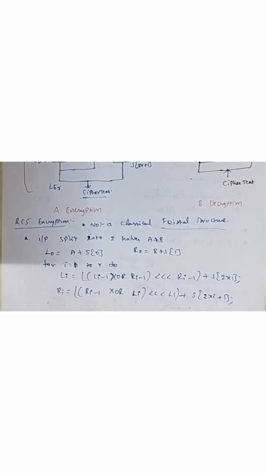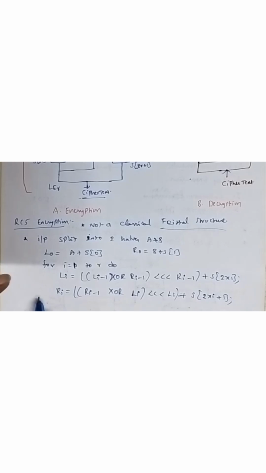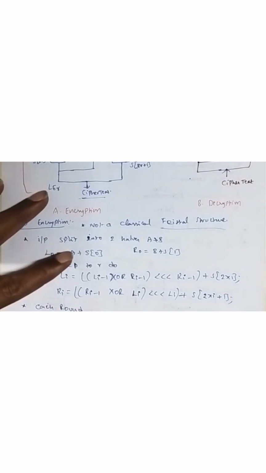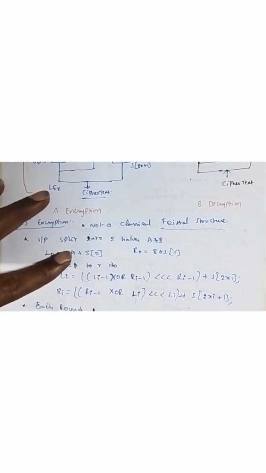Here, in a single round, the operation is equal to two DES rounds. It means it is more efficient compared with the DES algorithm.